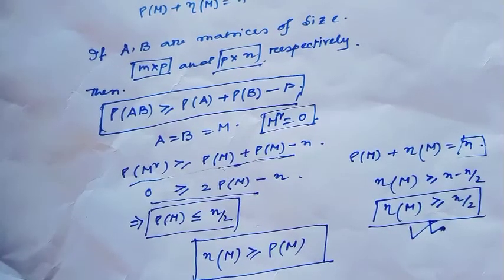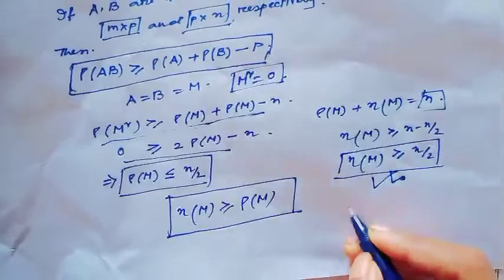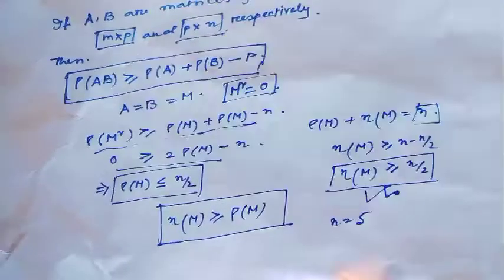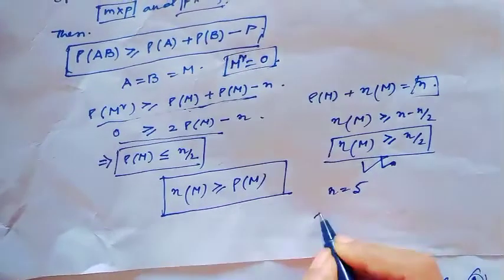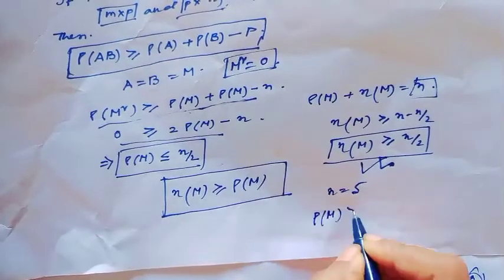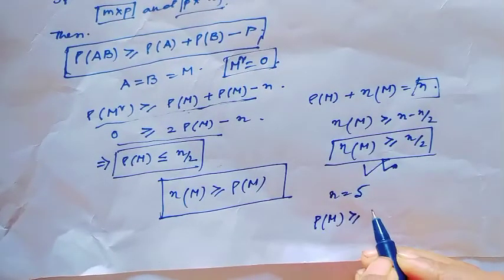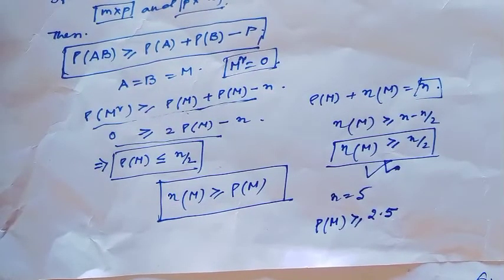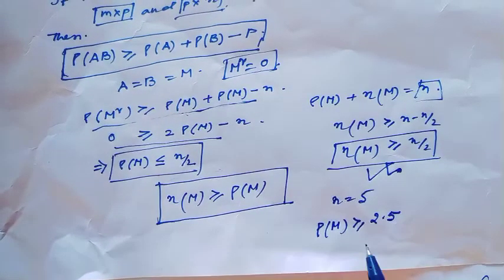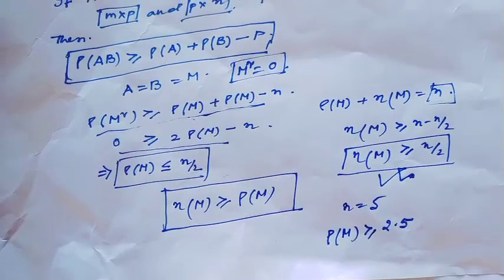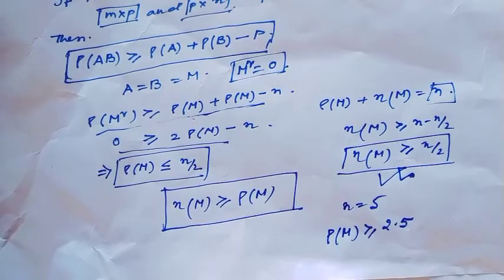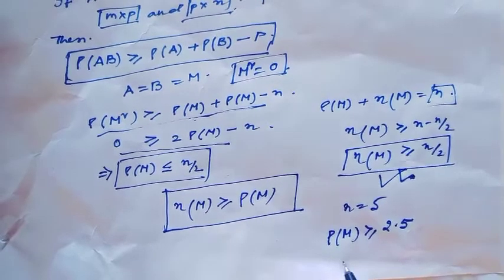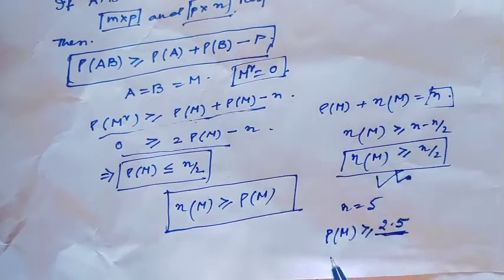Okay. And for odd, consider n equal to 5. Then rank of M would be greater than or equal to 2.5. We all know rank is always an integer. So 2.5 is not possible.